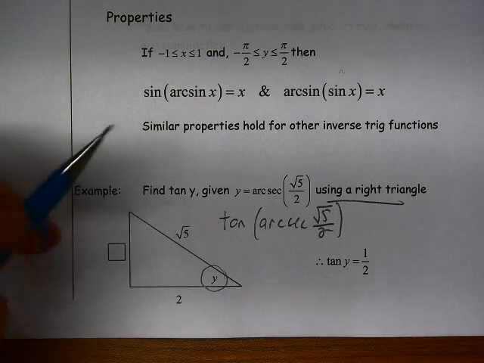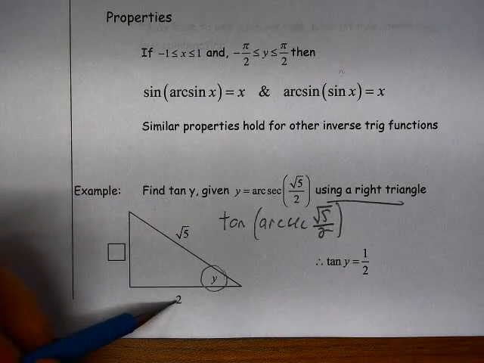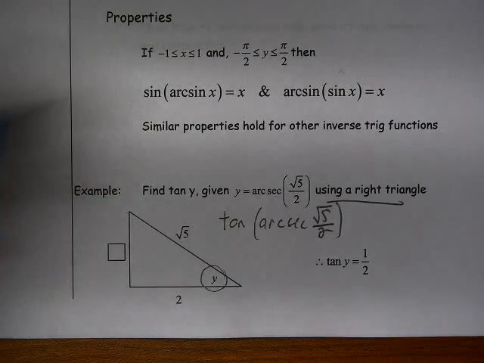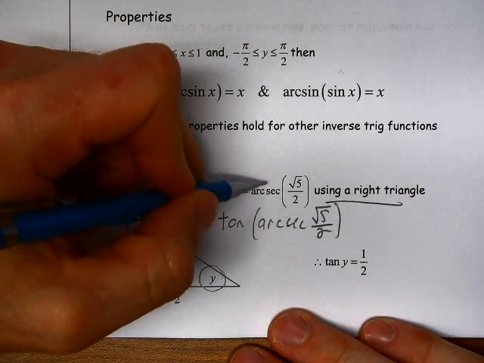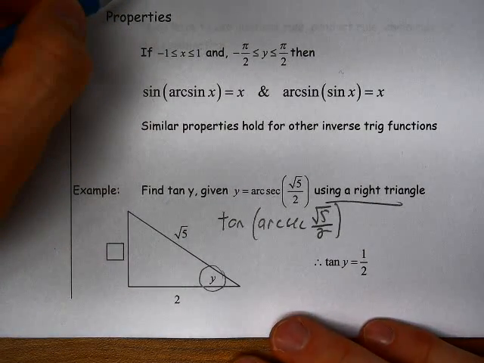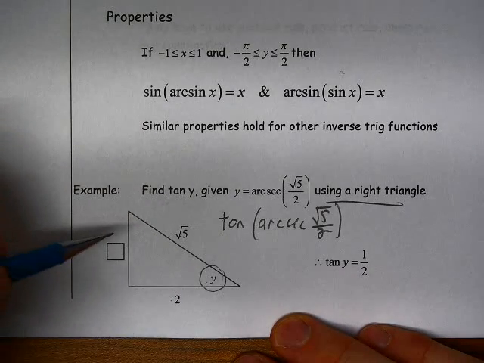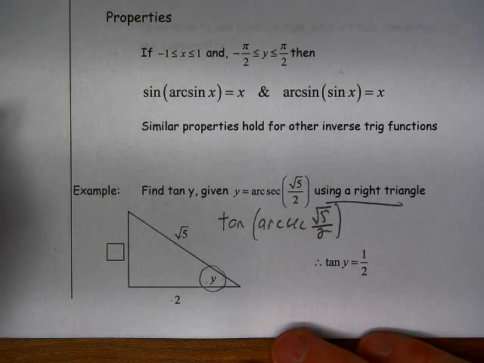So that means that √5 is my hypotenuse and 2 is my adjacent side. I figure that out because I know that secant is 1/cosine, and cosine would be adjacent over hypotenuse. So the arc secant is hypotenuse over adjacent.